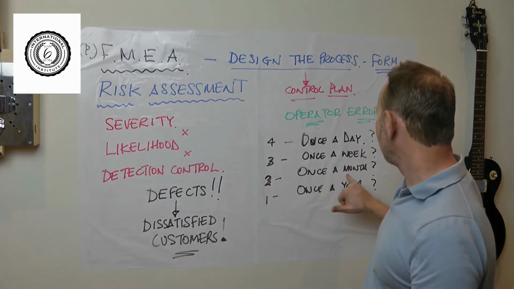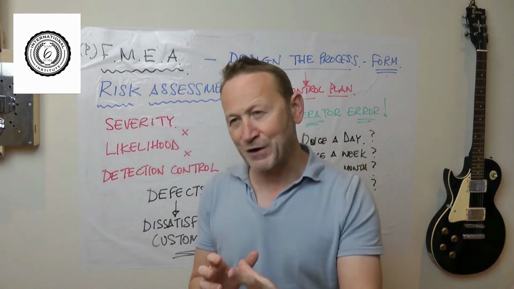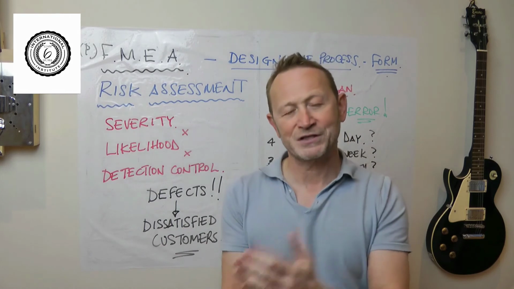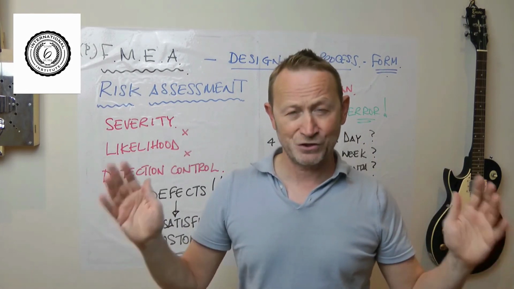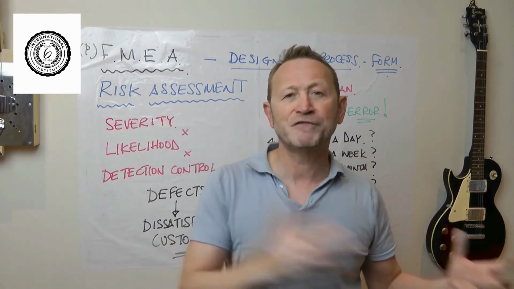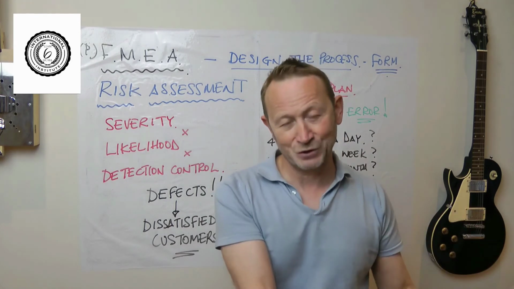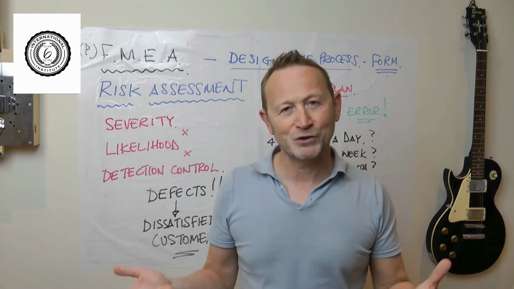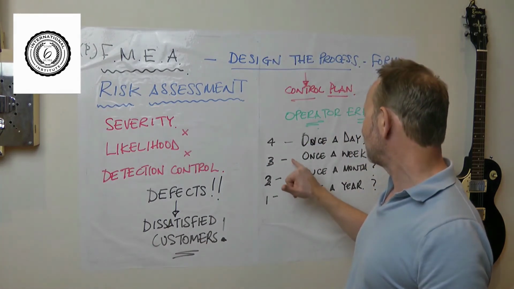We might say, well, we're likely to make it once a month. If the operator's not concentrating, if we're rushing, we don't have equipment to tell the operator how dry something is. So even though they're trying to adhere to the rule, there might have been a shift change and they might not know when the material was put in the dryer. So they don't know whether the material is dry or not. So we might make that mistake once a week, we might make that mistake once a month.